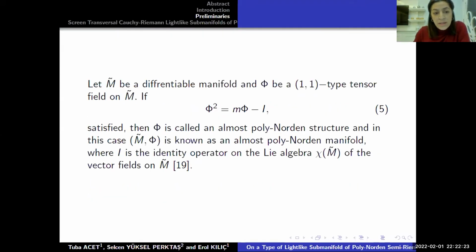Let us give the definition of almost Poly-Norden Semi-Riemannian manifold. Let M tilde be a differentiable manifold endowed with a (1,1) type tensor field phi satisfying the equation. Then phi is called an almost Poly-Norden structure, and M tilde is called an almost Poly-Norden manifold.